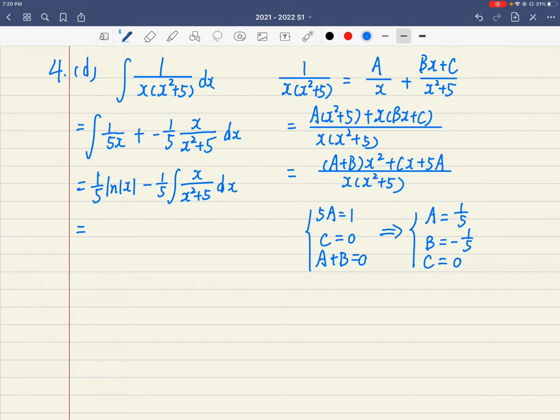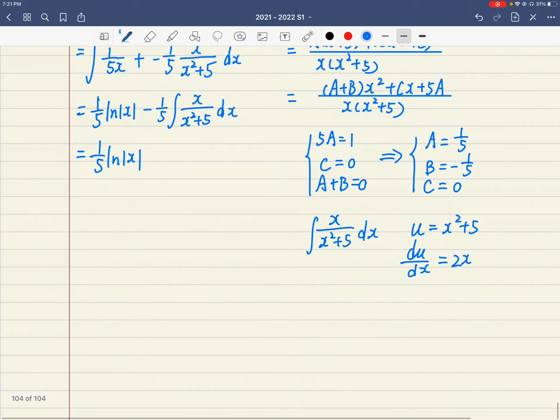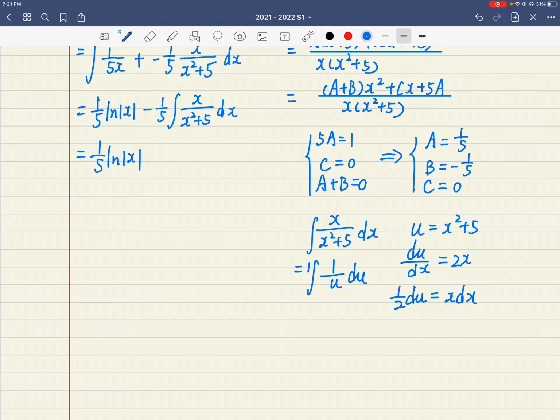And this part, how do you do the integration? You can do it here. x over x squared plus 5 dx. So you can use the substitution method. u is x squared plus 5. Then your du over dx is 2x. So here your half du is x dx. So here it's like you integrate 1 over u, half du.